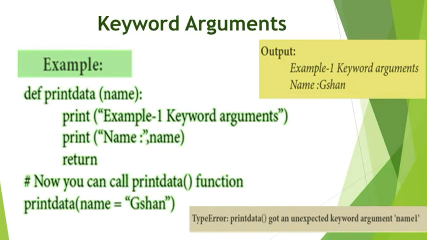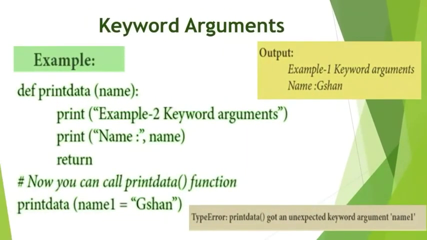See here, name is equal to Sean. The keyword arguments are recognized by the parameter names. So here the parameter is name and the argument is what? Sean. So you will get the output example 1 keyword arguments and name is equal to what? What is the name? Sean. So it will be printed on the output screen.